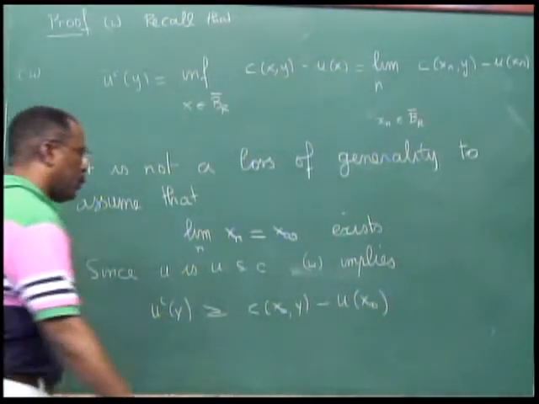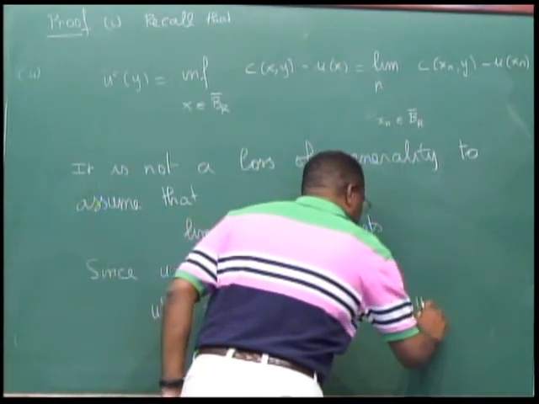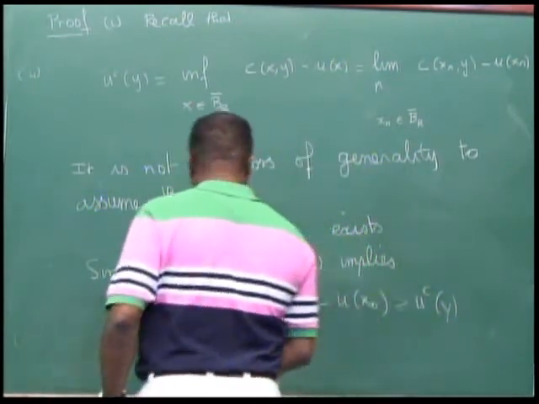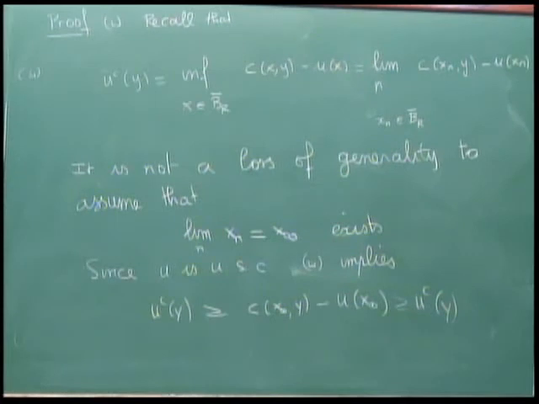But this is always bigger than UC of Y, which means UC of Y is exactly what is between UC of Y and UC of Y, which proves existence of a minimizer.